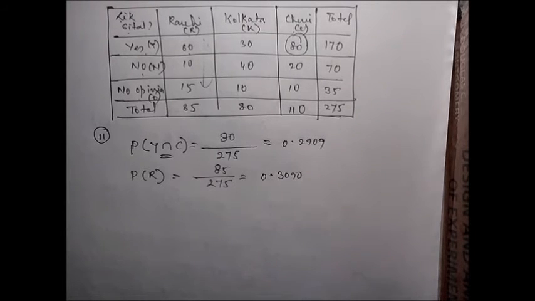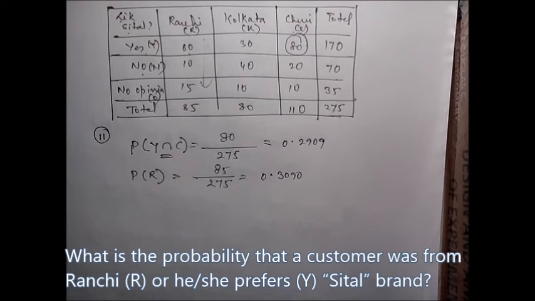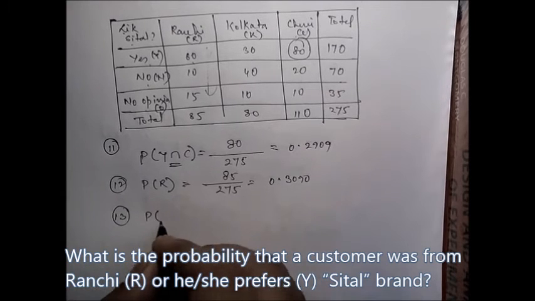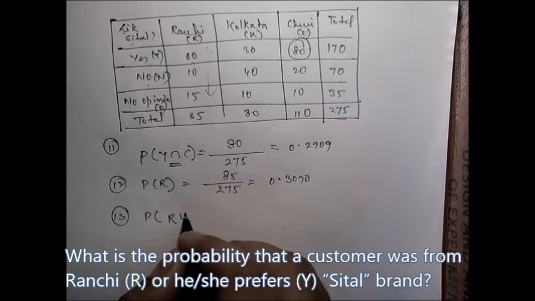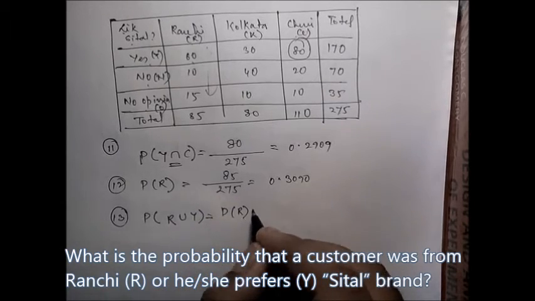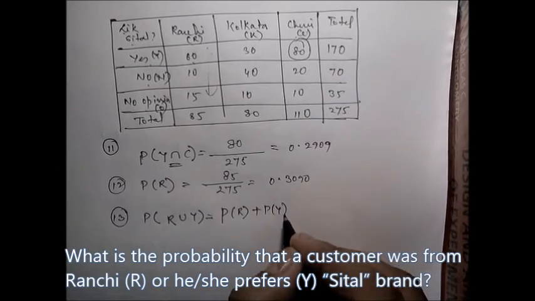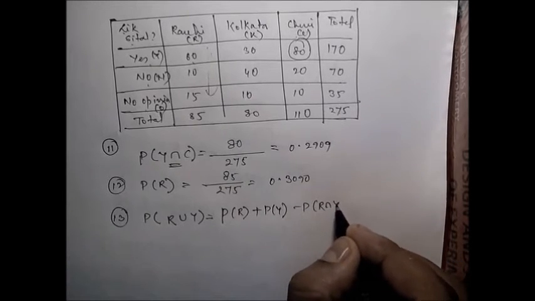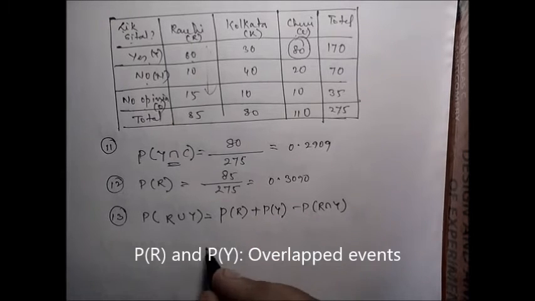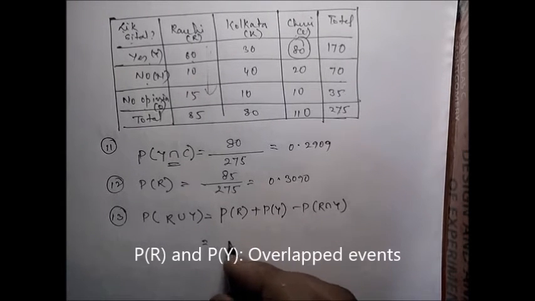Next, what is the probability that a customer was from Ranchi or prefers the Sheetal brand? Ranchi or Sheetal means union. So probability of R plus probability of Y minus probability of R intersection Y, because Ranchi and Y are overlapping events, not disjoint events.